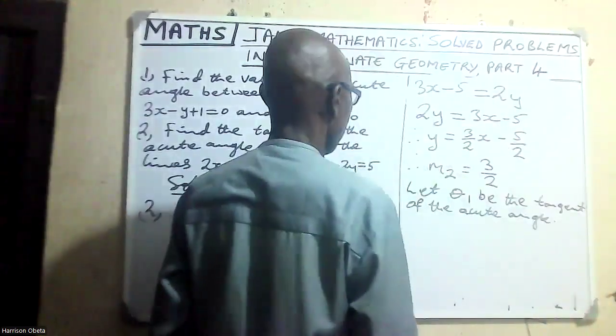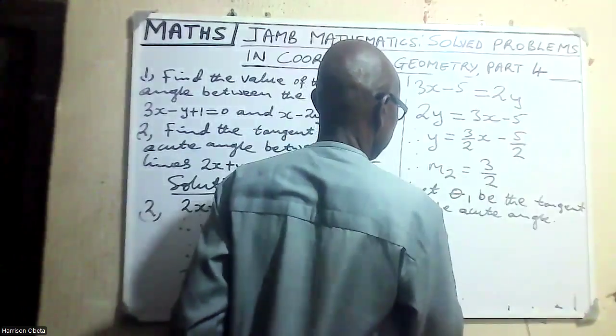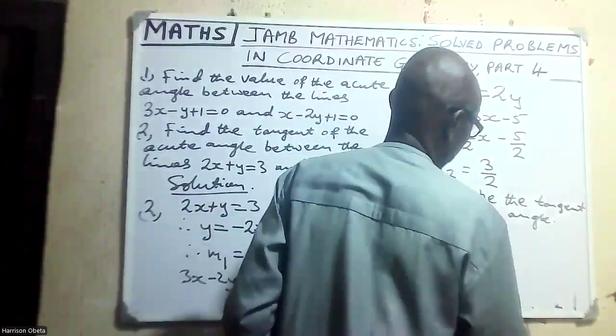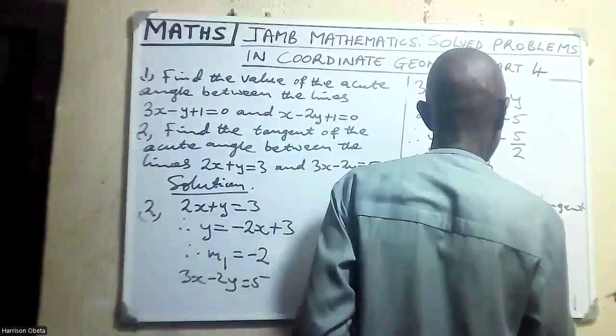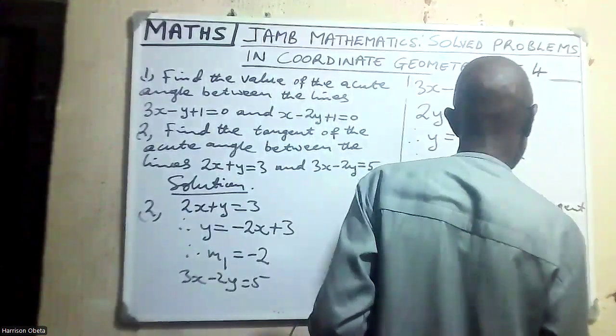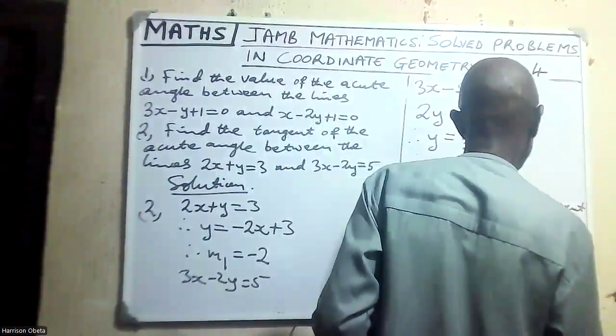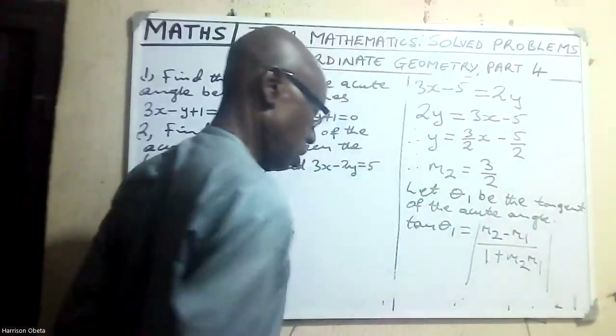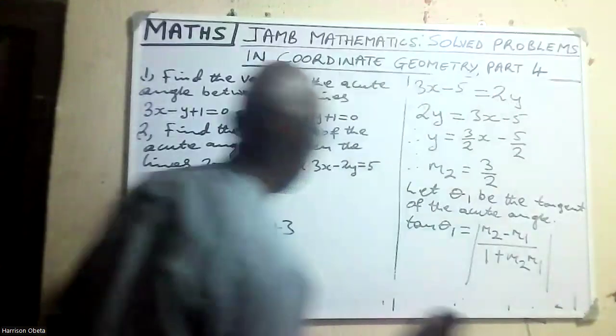So we have tan theta 1 equal to m2 minus m1 all over 1 plus m2 m1. We have to substitute the values and then we continue.